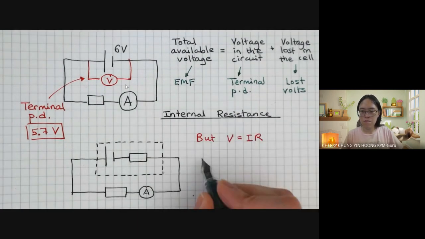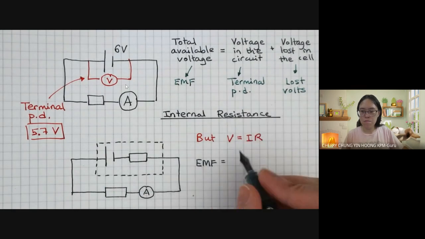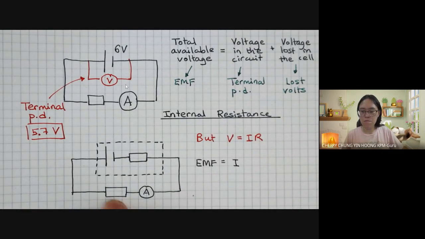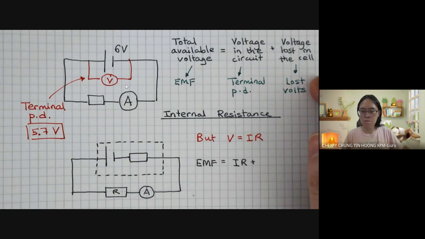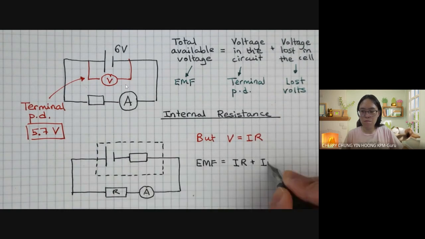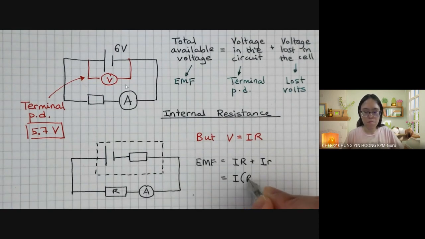So the EMF is equal to the current in the circuit times the load resistance, capital R, plus the current times internal resistance. We can factor out current to get EMF is equal to current times the load resistance plus the internal resistance.